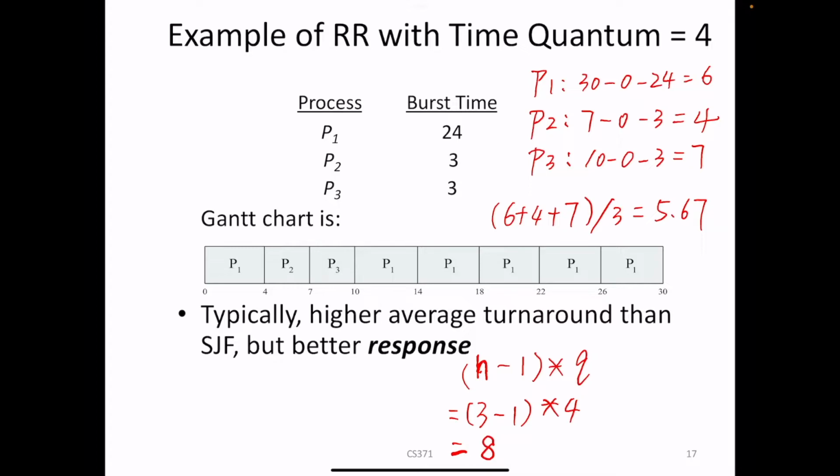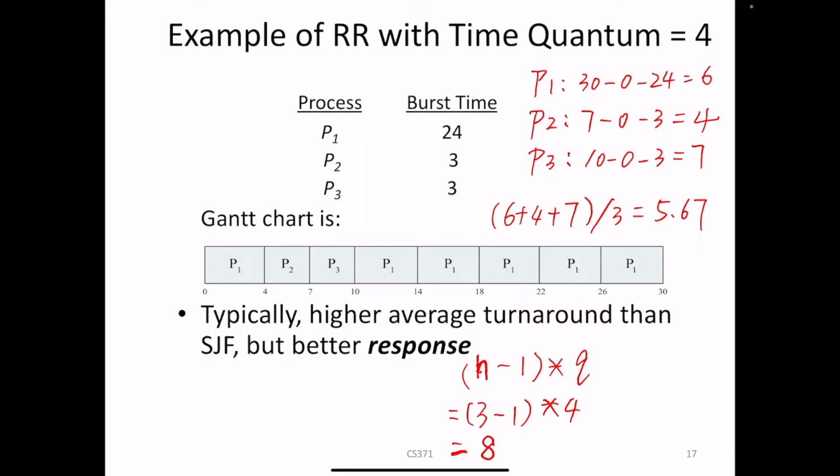Then P1 will be moved out of the CPU and placed at the end of the ready queue. Then the next process at the top of the ready queue, which is P2, will be put onto the CPU and executed for 3 time units, because the total CPU burst time of P2 is 3, which is less than the time quantum 4.